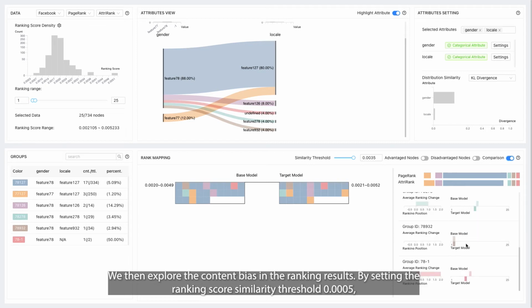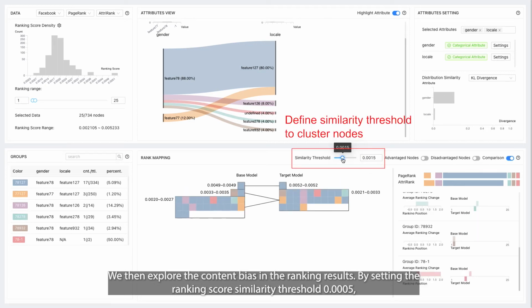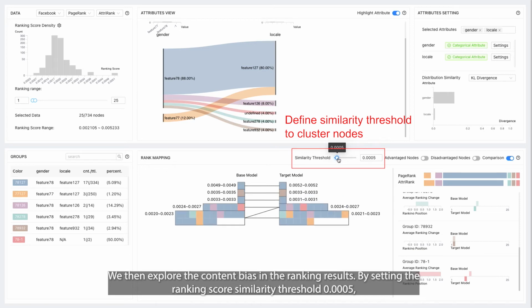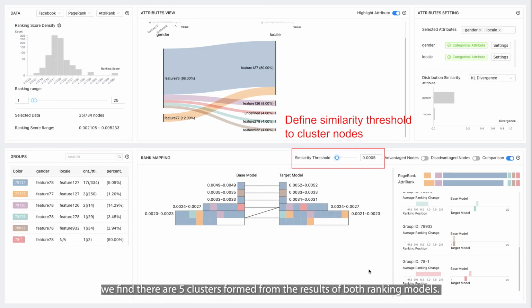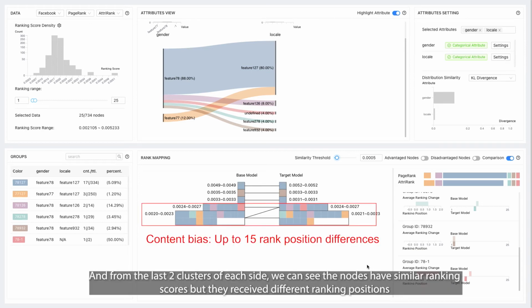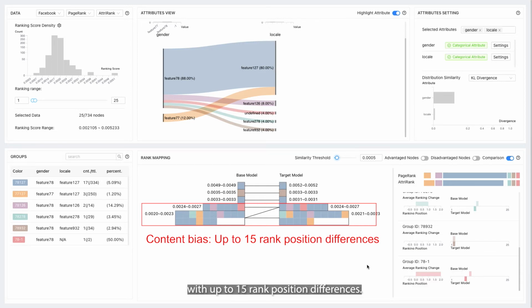We then explore the content bias in the ranking results. By setting the ranking score similarity threshold to 0.0005, we find there are 5 clusters formed from the results of both ranking models. And from the last 2 clusters of each side, we can see the nodes have similar ranking scores, but they received different ranking positions with up to 15 rank position differences.